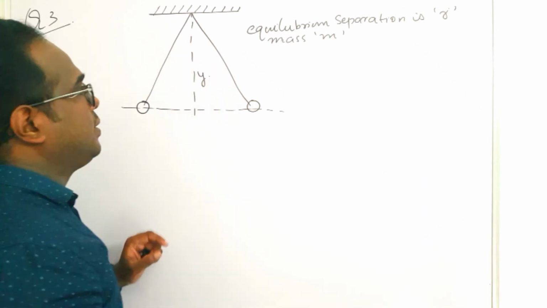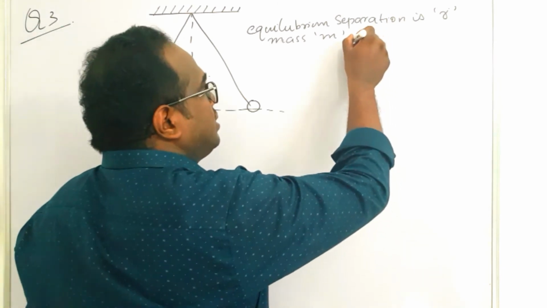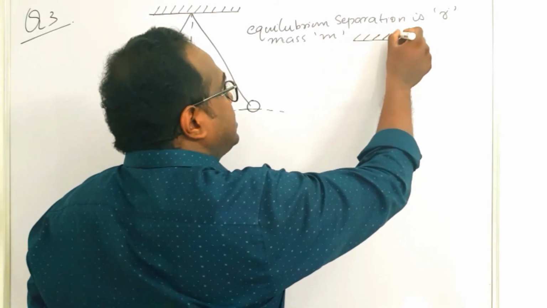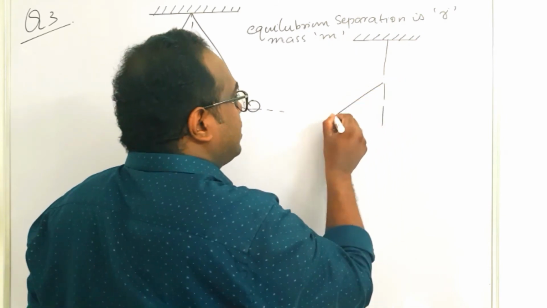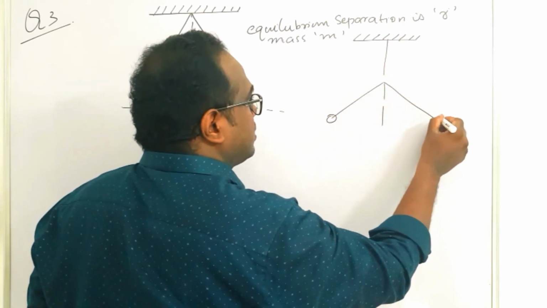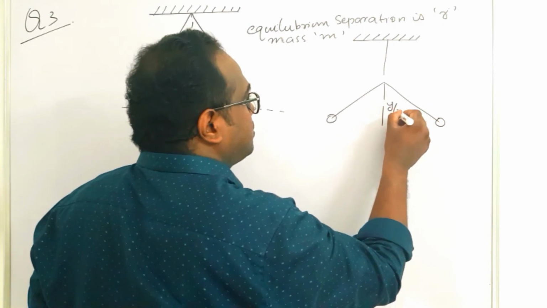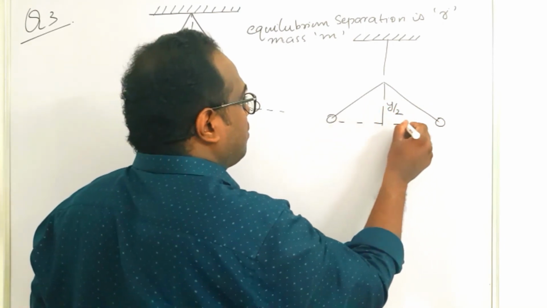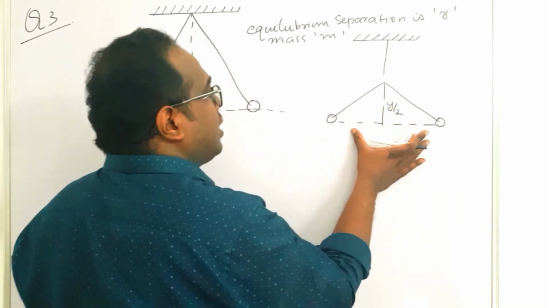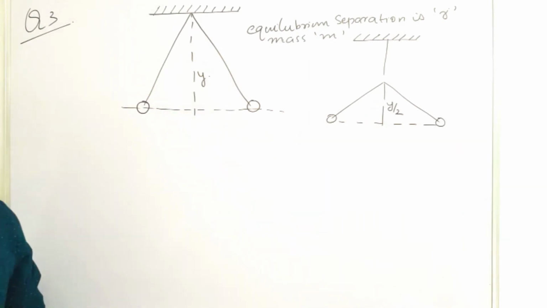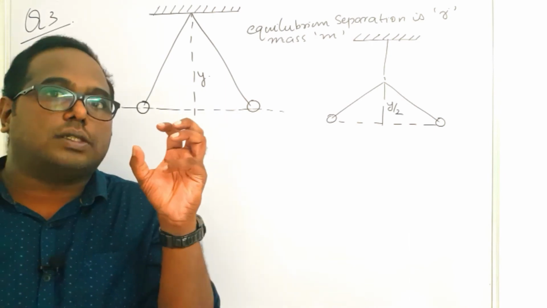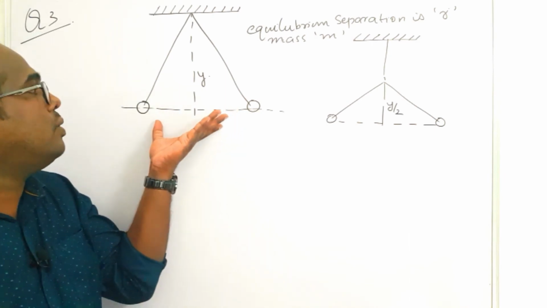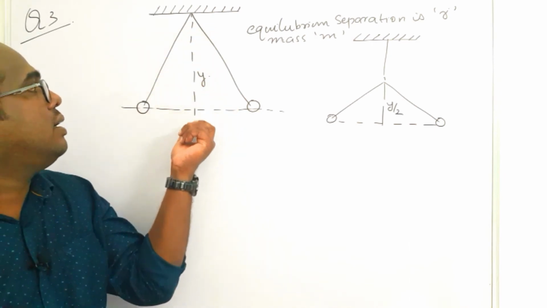The question is, when this arrangement is rigidly fixed like this at y by 2, what will be the equilibrium separation? That is your question. So two pith balls means the charged balls. Charged balls are hanged using a string like this.